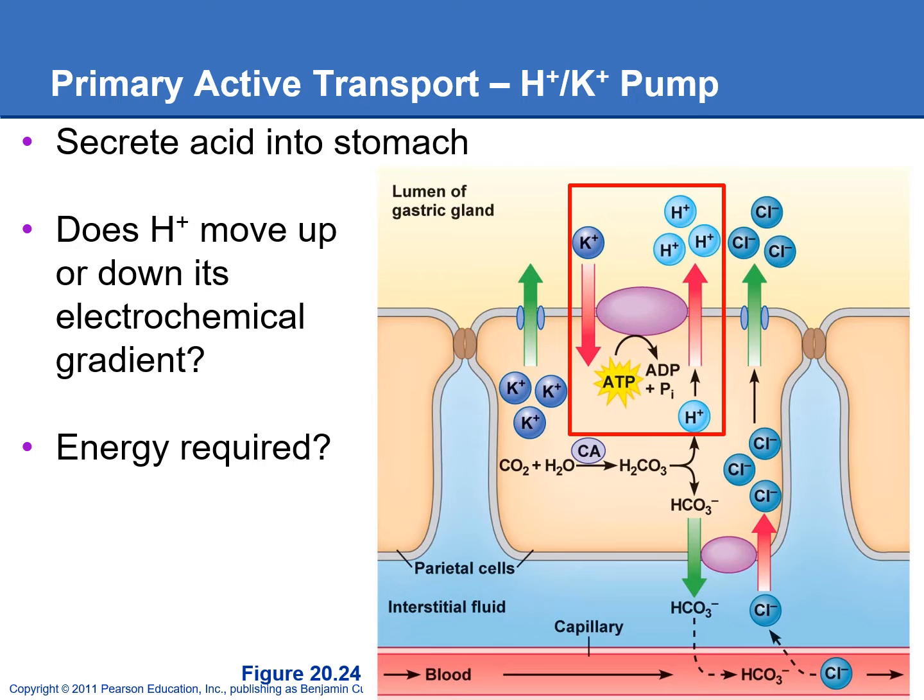So both are moving uphill of their gradients, and this is how we get the hydrogen ions out into the stomach lumen, which will then be combining with the chloride ions to produce the hydrochloric acid, the stomach acid. And obviously we do need energy to do this, because we're moving up the gradient with both the hydrogen ions and the potassium ions, so this does require energy.